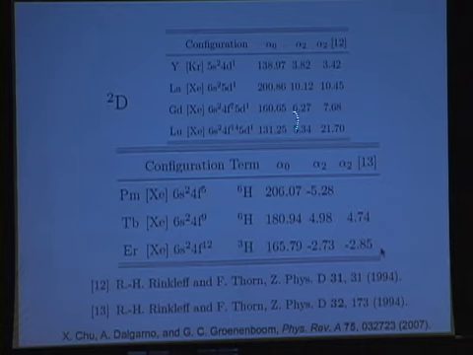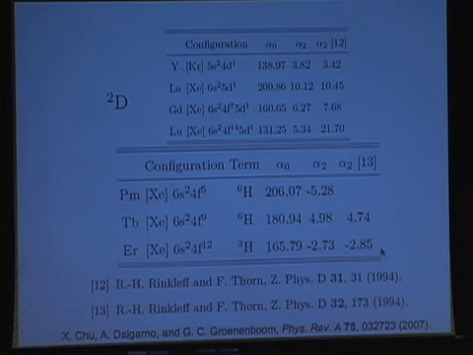We see that from the theoretical prediction, it follows a trend that the polarizability decreases with the increasing nuclear charge. What's different in these three atoms is just that here the F shell is empty, here it is half filled, here it is entirely filled.